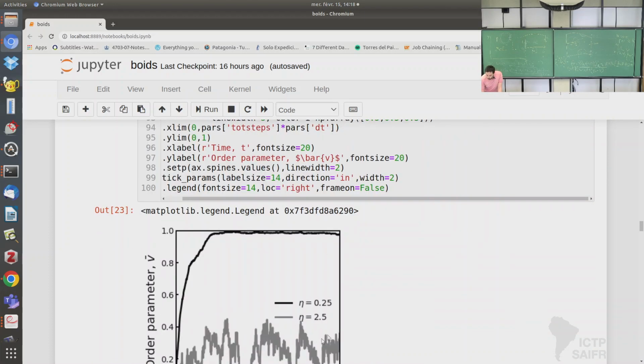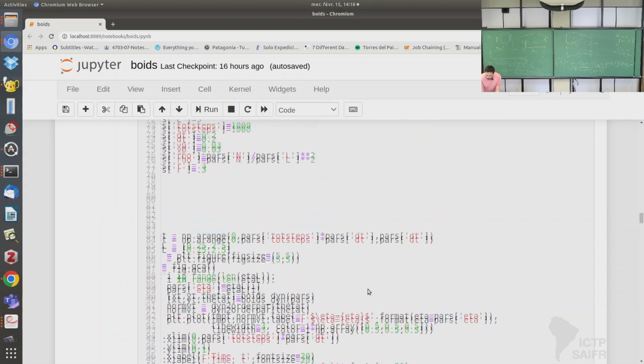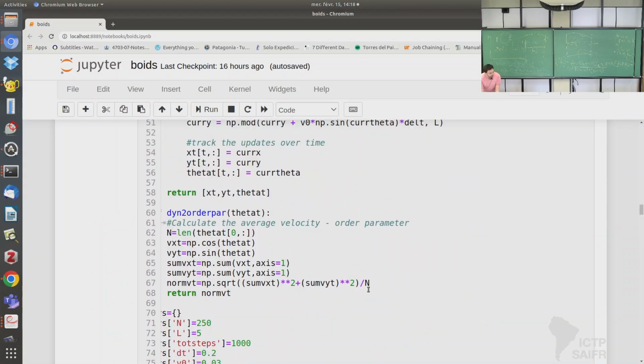So if you vary the value of the noise, meaning when you reorient yourself, you reorient yourself more or less coherently with the average direction, and you compute the order parameter that we defined yesterday.